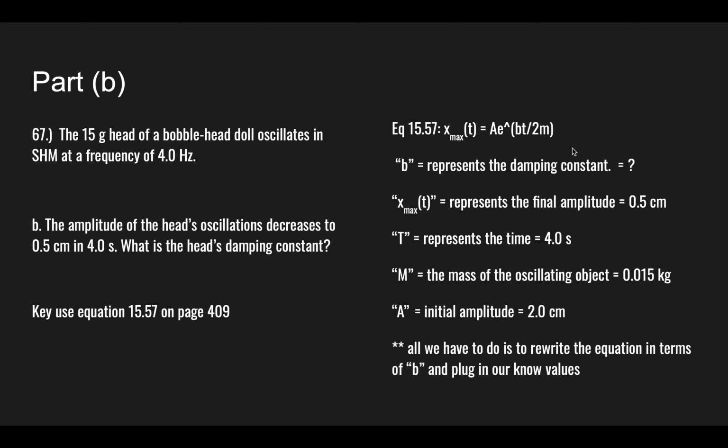Now it sounds like a bunch of gibberish, but let's break it down. b in this one represents the damping constant, and we don't know that one. That's what we're looking for, so I put a question mark. x max at t represents the final amplitude. In this case, it's 5 centimeters. It tells us right here. And t represents the time, which is 4 seconds. m stands for the mass of the oscillating object, and we know that it's 0.015 kilograms. And A is the initial amplitude, which in this case is 2 centimeters.